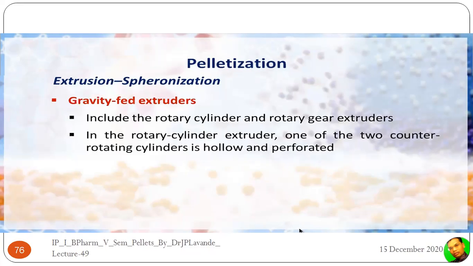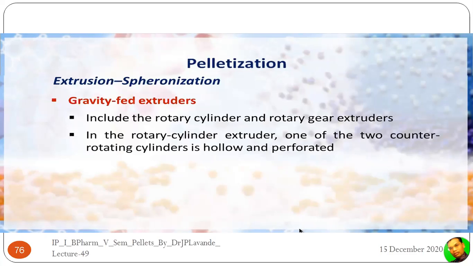And out of these, one is hollow and perforated, and one is solid. So the hollow perforated one is responsible for producing the pellets, whereas the solid one is responsible for introducing the material into the hollow and perforated cylinder device in order to produce pellets of uniform sizes.